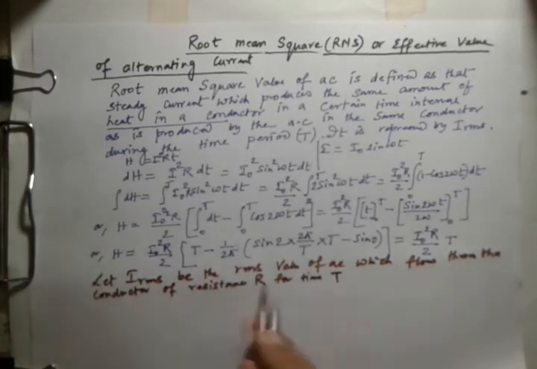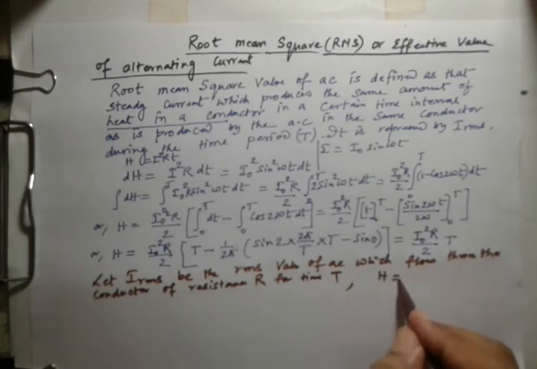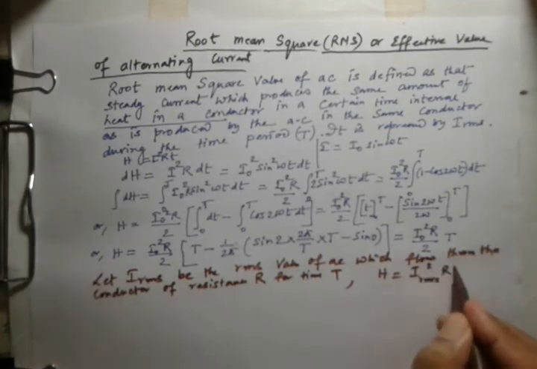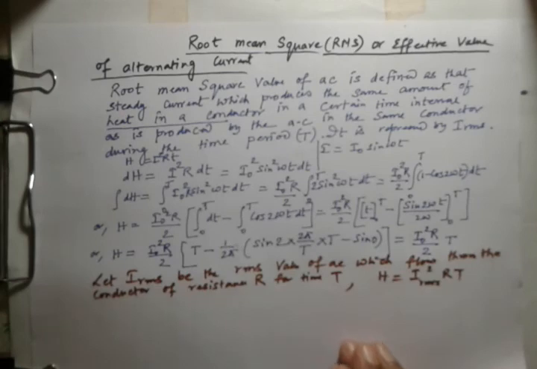So you can write H is equal to I RMS whole square into RT.